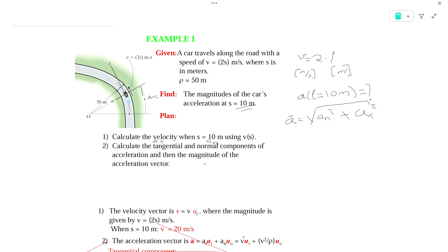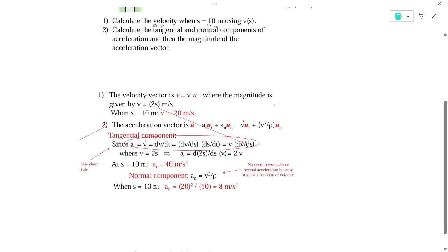Okay, so let's look at the solution. All right, so we know the velocity vector is the instantaneous velocity times the unit vector in the tangential direction, right? That's already given.